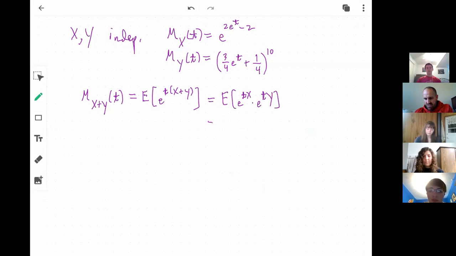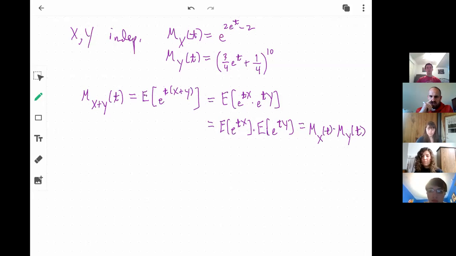And because I have independence of X and Y, this would be the expectation of e to the tX times the expectation of e to the tY, which is, of course, the moment generating function of X evaluated at t times the moment generating function of Y evaluated at t, right?